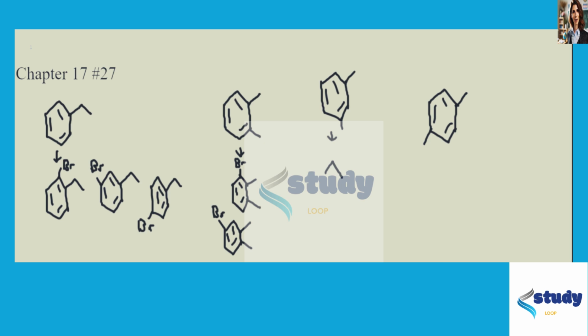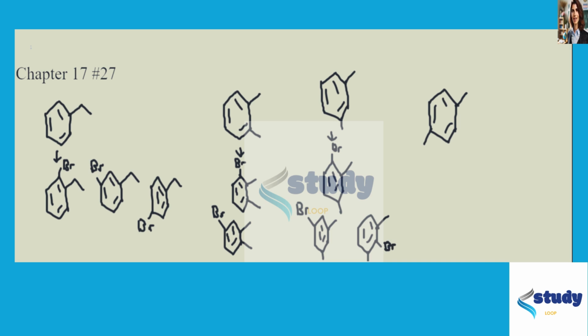So you can put a bromine up top, or we can put a bromine on the next carbon over, or we can put a bromine in between the 2 methyl groups. So methyl group there, and we can put a bromine right there in the middle.